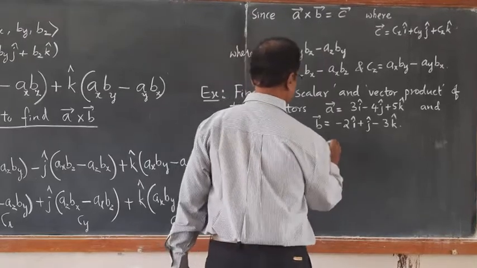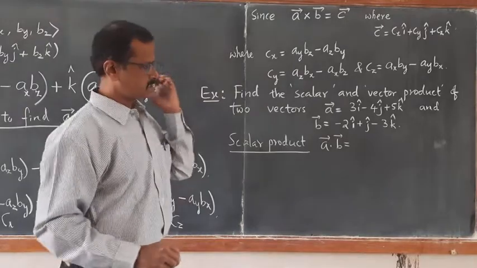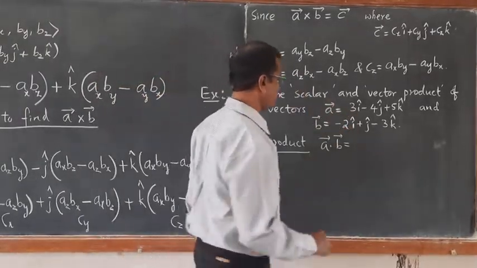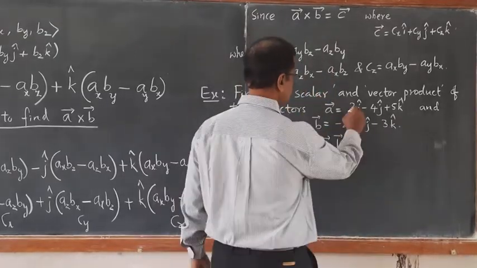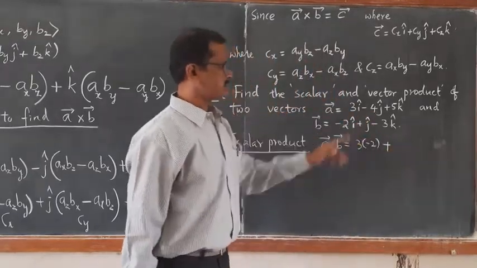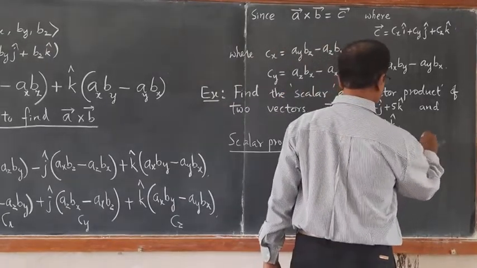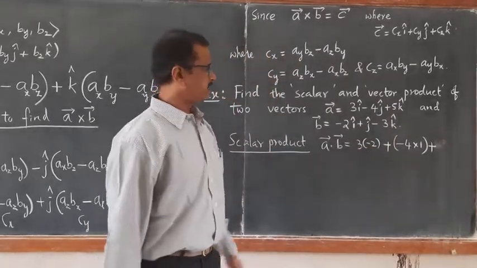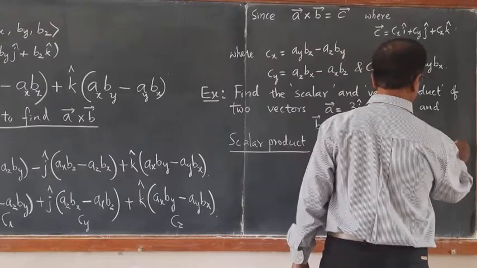We know vector A dot vector B is just the product of their respective components. Ax, Bx, 3 into minus 2, plus Ay By, minus 4 into 1, plus Az Bz, 5 into minus 3.